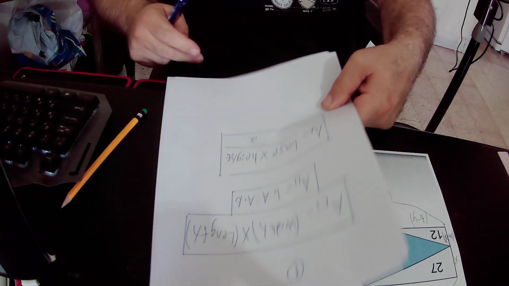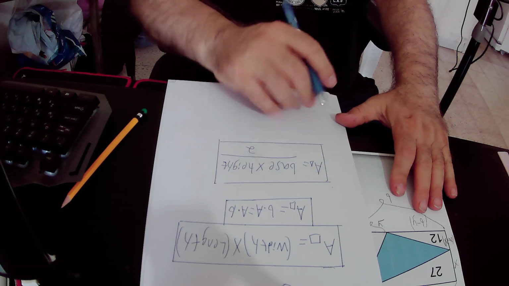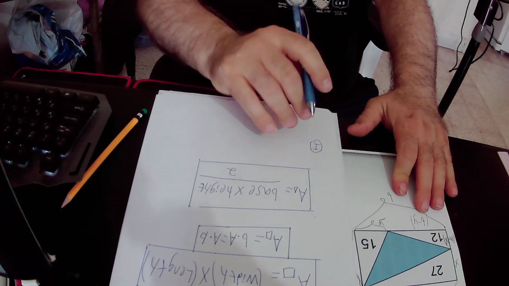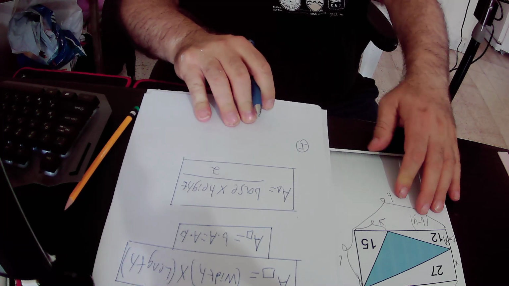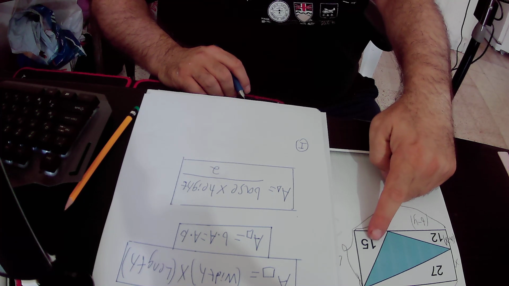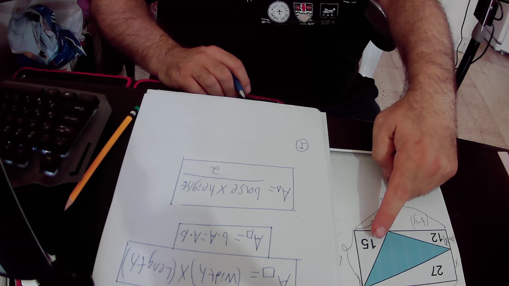So the first equation will be the formula for the area of this triangle whose area is 15 units.